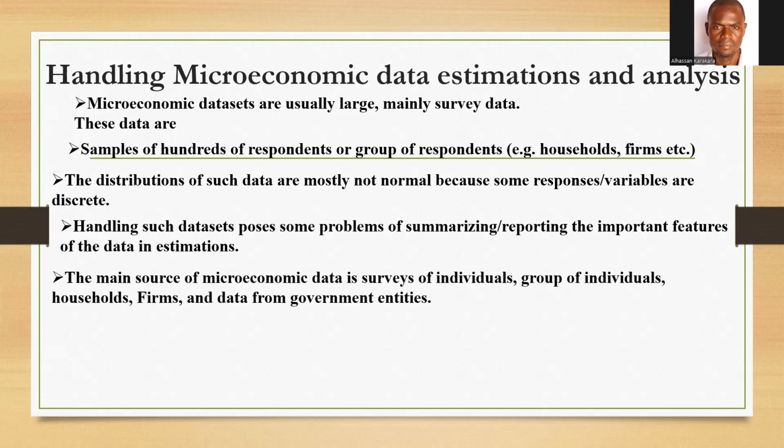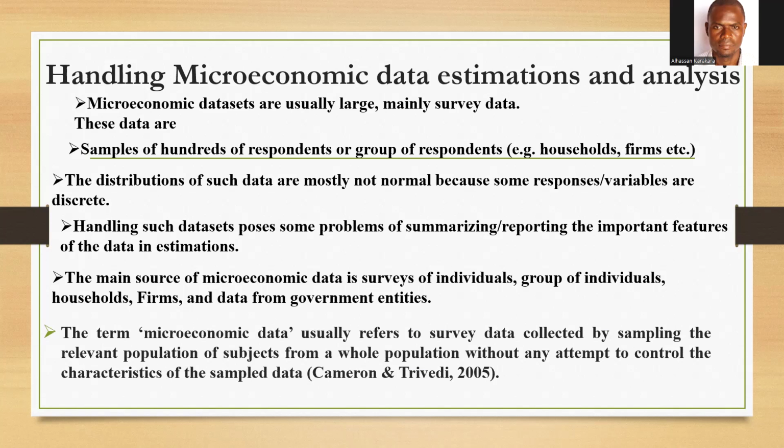Thus, the main source of microeconomic data is surveys, as I have indicated, that is, surveys of individuals, groups of individuals, households, firms, and perhaps data from government entities. The term microeconomic data usually refers to survey data that is collected by sampling the relevant portion of the population without any attempt to control the characteristics of the sampled data.